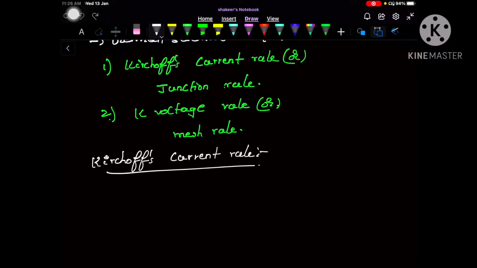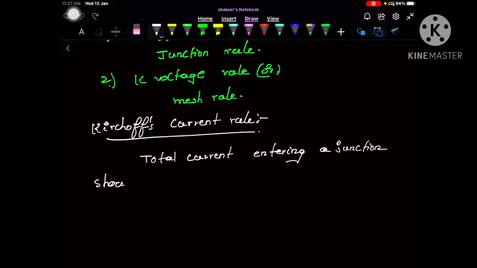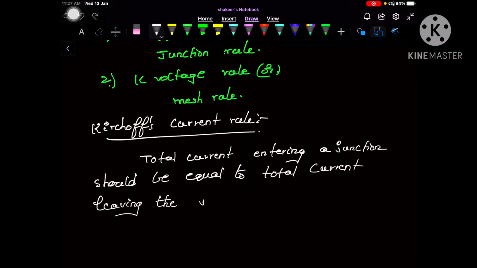It says that the total current entering a junction should be equal to the total current leaving the junction. So the total current entering the junction should always be equal to the total current leaving the junction. This is called Kirchhoff's current rule.